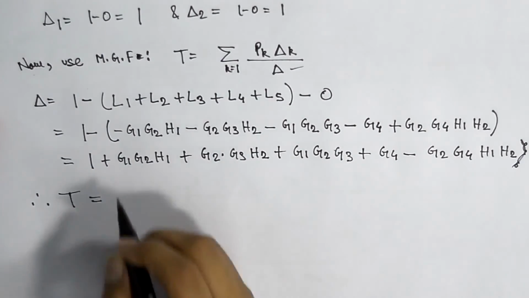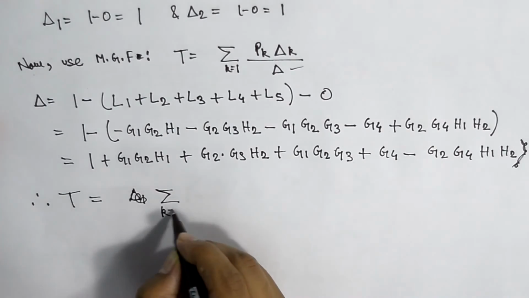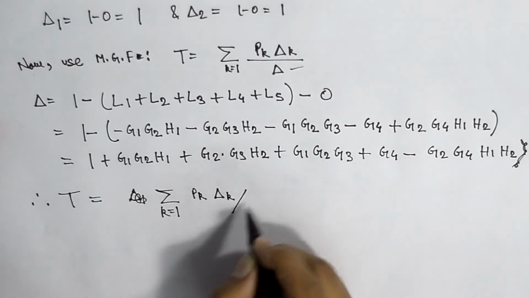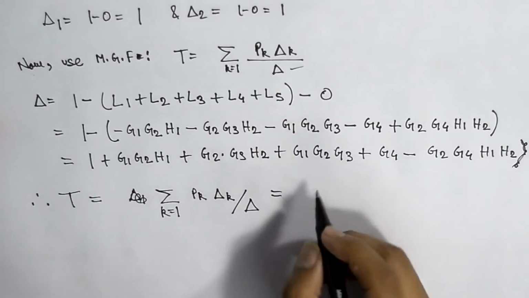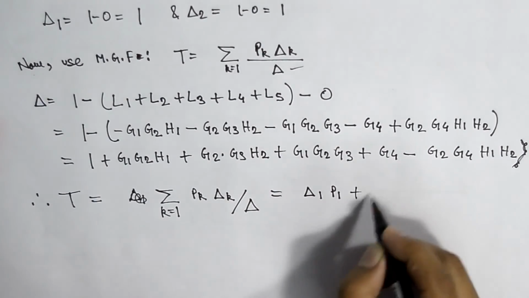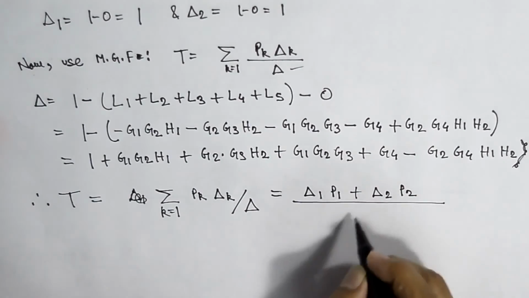Now Mason's gain formula is T equals summation k equals 1 of Pk times delta k by delta. We can also write this whole as delta 1 times P1 plus delta 2 times P2 by delta.